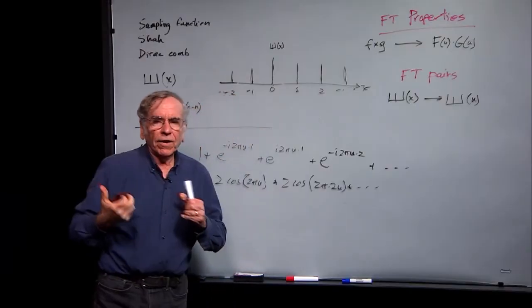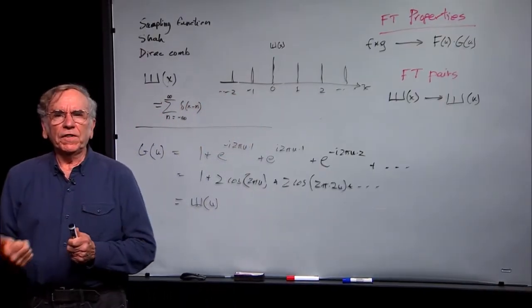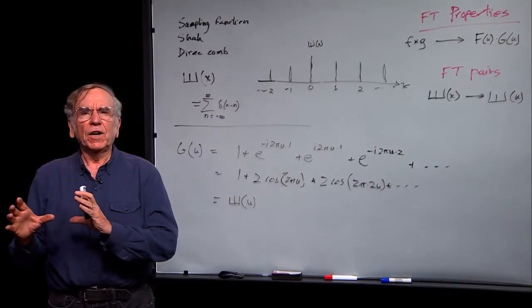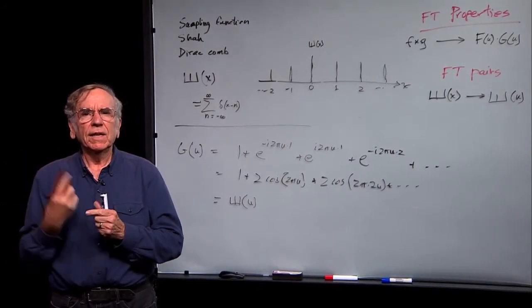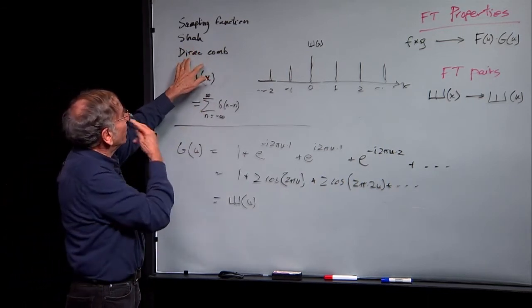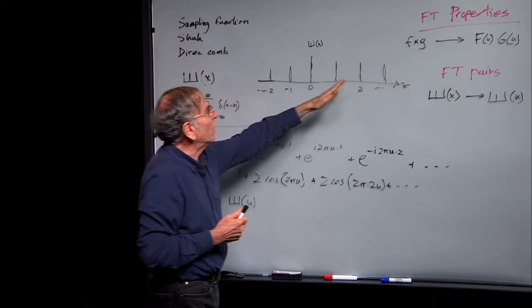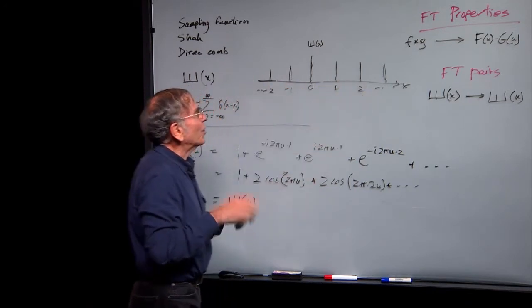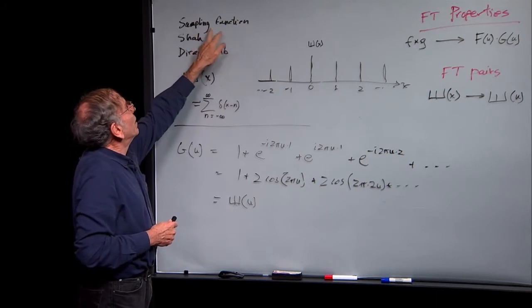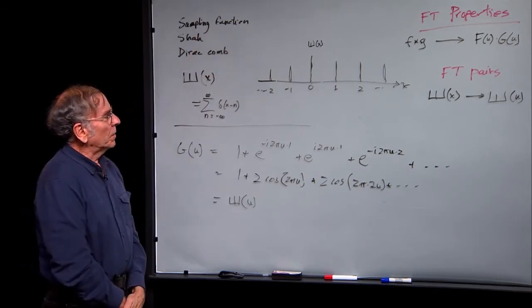So there are actually exactly two functions where the function and its Fourier transform are the same. One is the Gaussian, and the other is the Shaw function, otherwise known as the Dirac comb function. It's a comb made out of Dirac delta functions, and in a minute we'll see why I call it the sampling function.